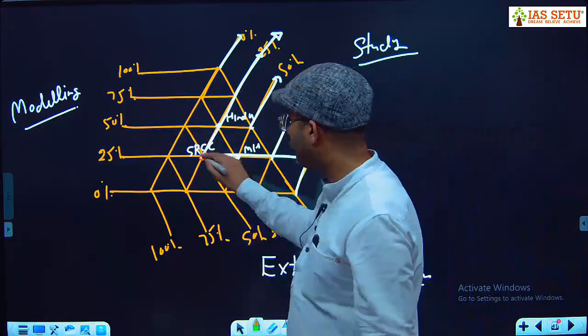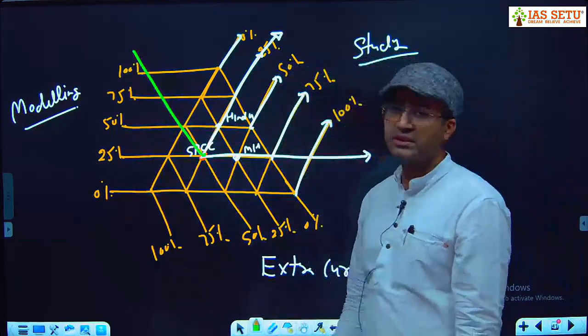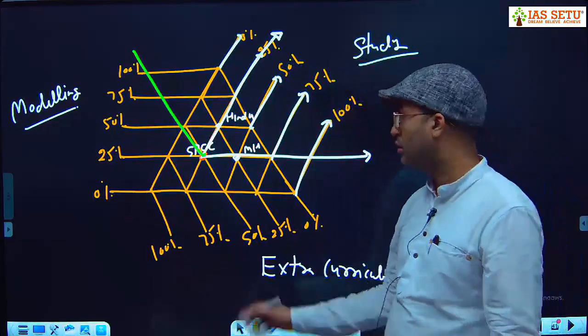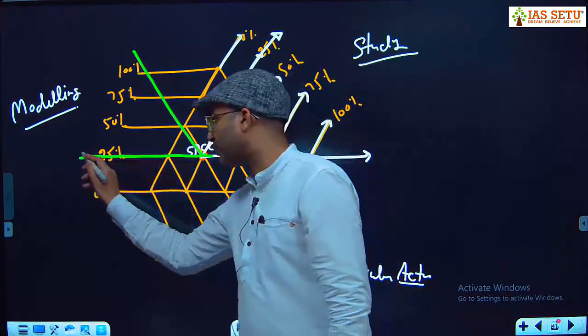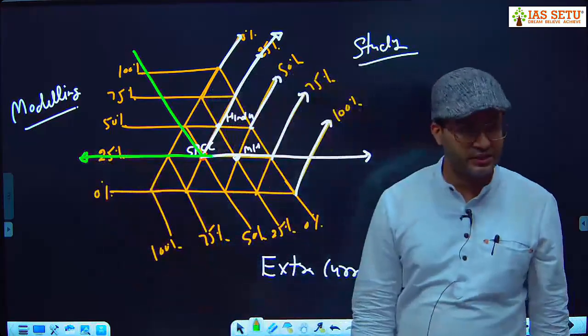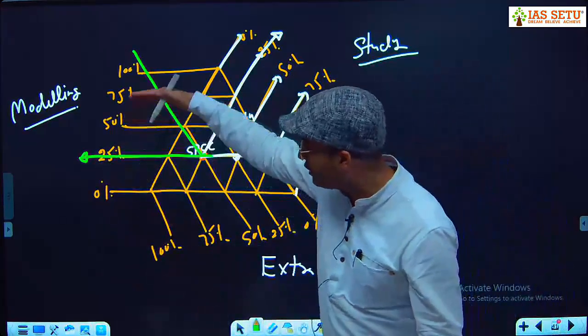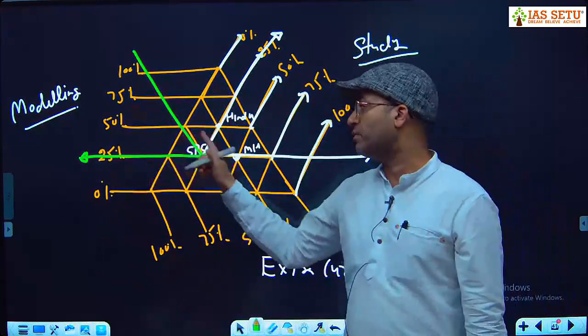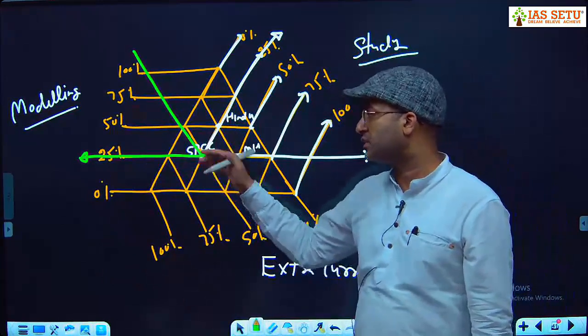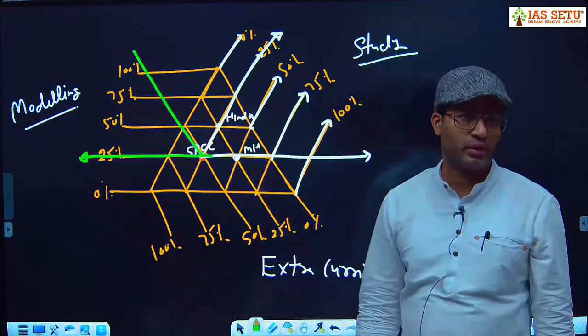Okay, I draw this line. Tell me, is this line correct or wrong? Wrong. I draw this line. Is this line correct? Yes, because this is the scale for modeling. 25% of students in SRCC are interested in modeling.